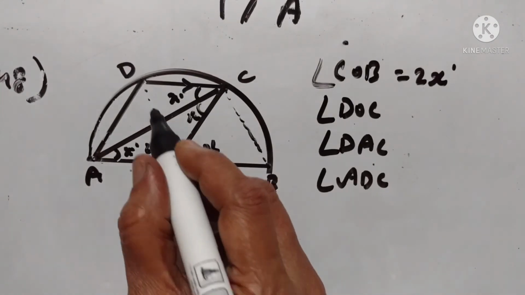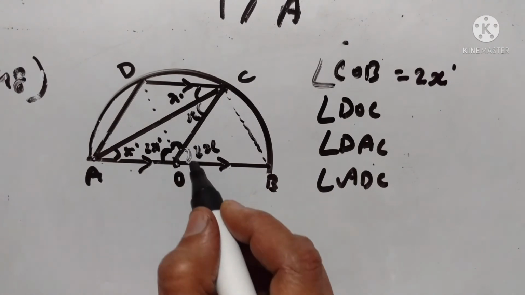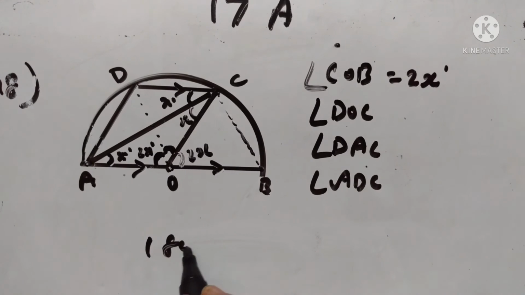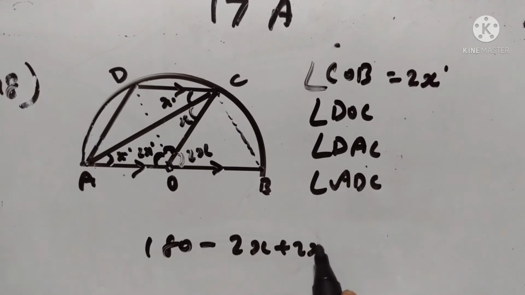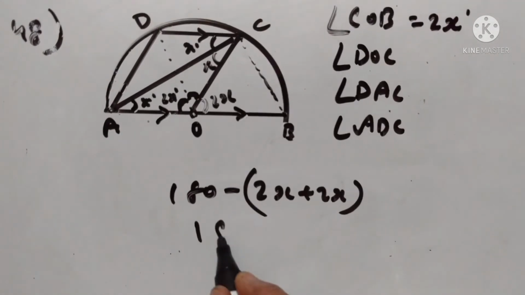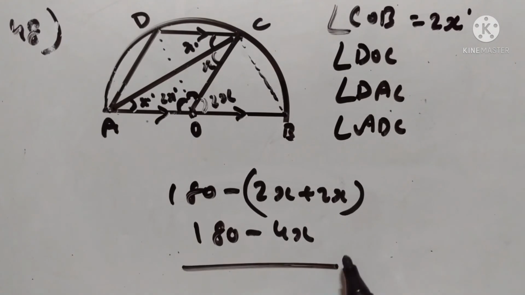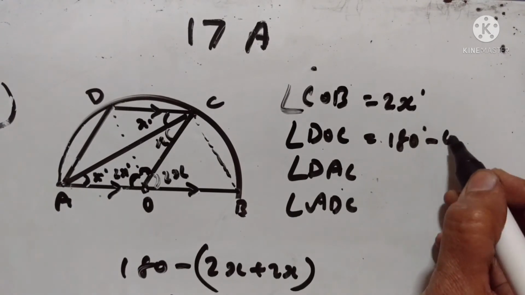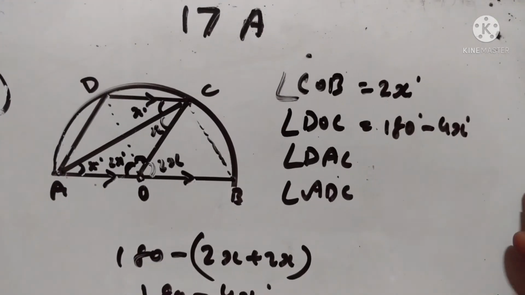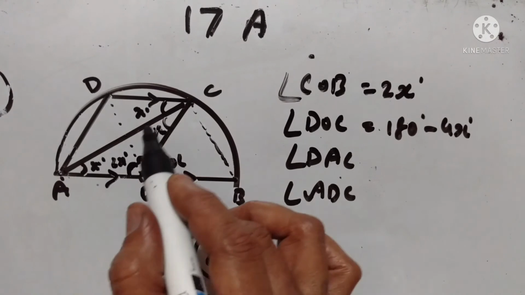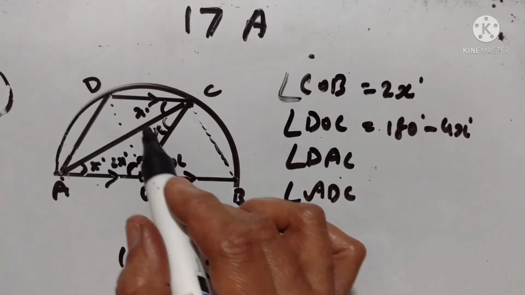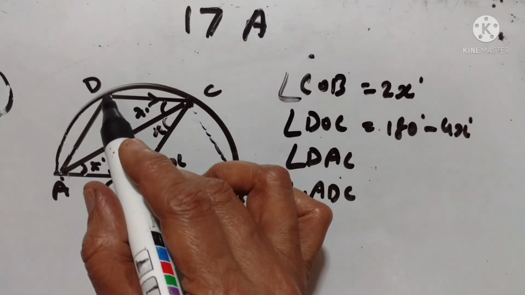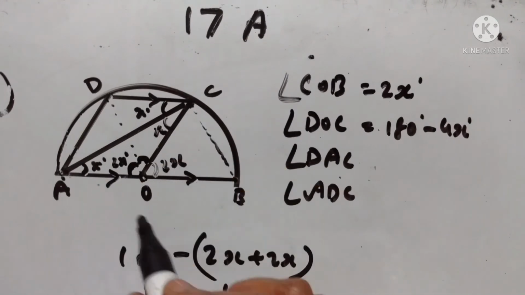Now we want angle DOC. This angle is equal to 180 minus 2x plus 2x, that is 180 minus 4x. Angle DOC is equal to 180 minus 4x. Now we want angle DAC. DC is a chord which makes angle DOC at the center and angle DAC on the circumference.